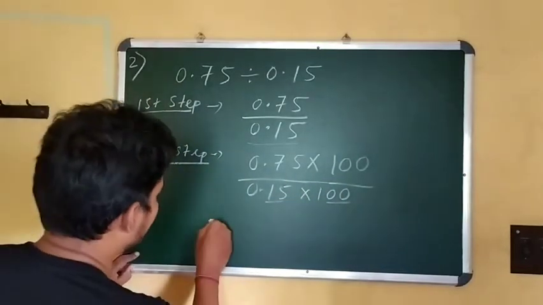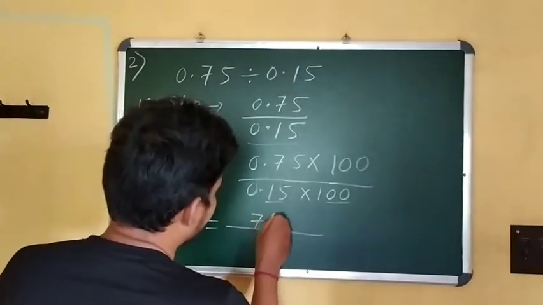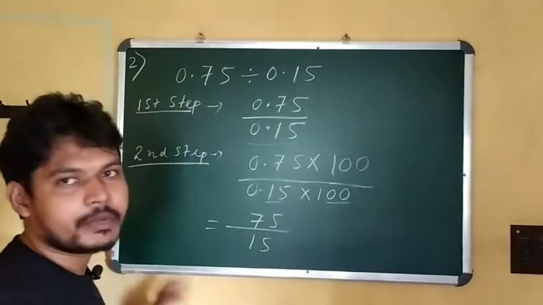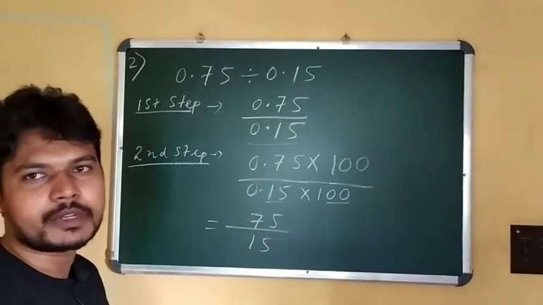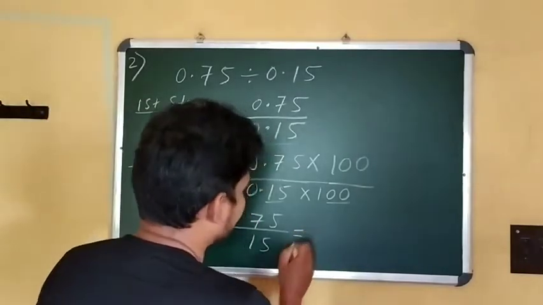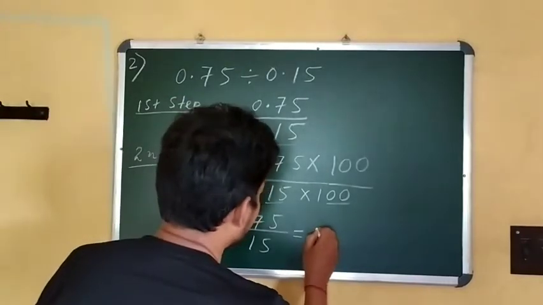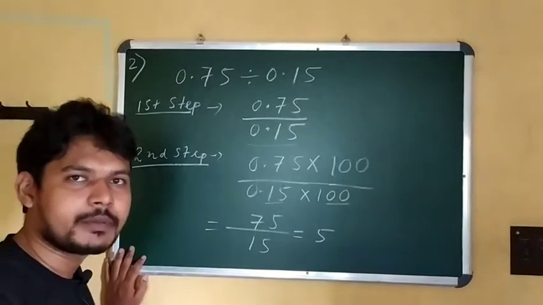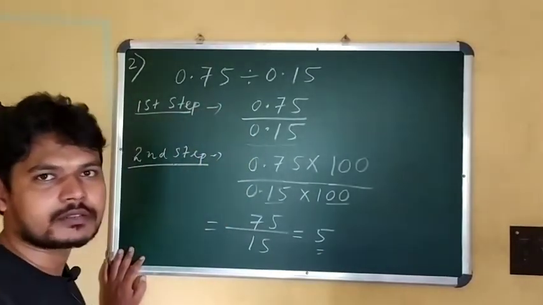When we multiply this, we get 75 by 15. Now we will simply divide 75 by 15. So what will be the answer? When you divide 75 by 15, we get the answer 5. So that is our answer.